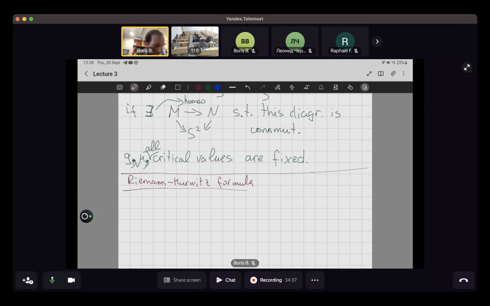If we have any ramified covering M over N, where these are two-dimensional oriented surfaces, Riemann surfaces, and we have the Euler characteristic of M and the Euler characteristic of N, which are 2 minus 2g_M and 2 minus 2g_N.